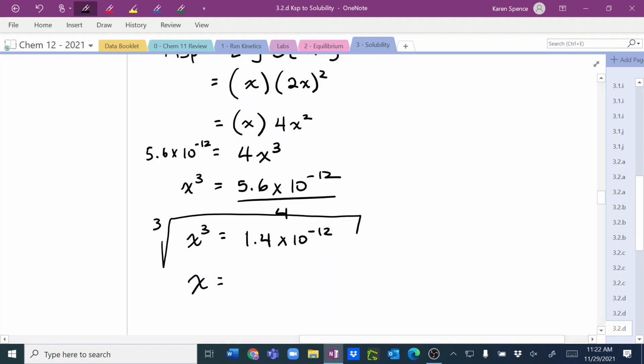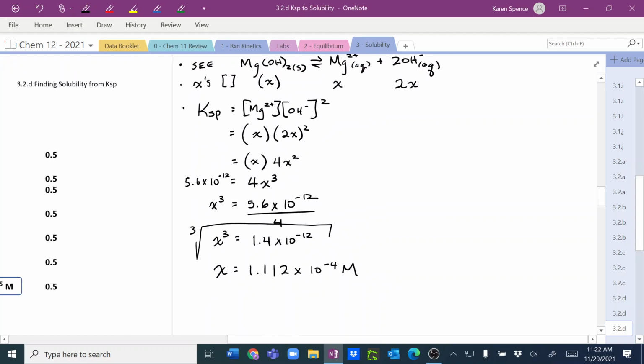Do I have one? I do, how nice. And we get 1.112 times 10 to the negative 4 molar, and that is the concentration of saturated Mg(OH)2, because that is our solubility. Whew.